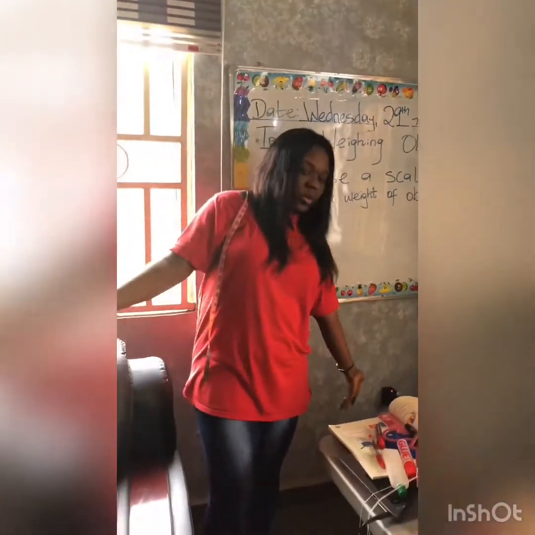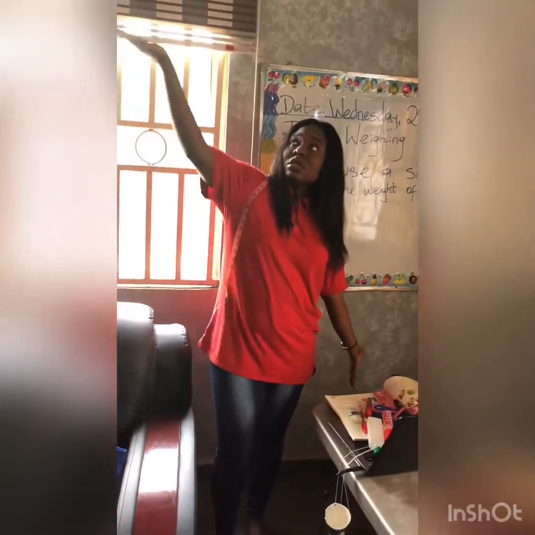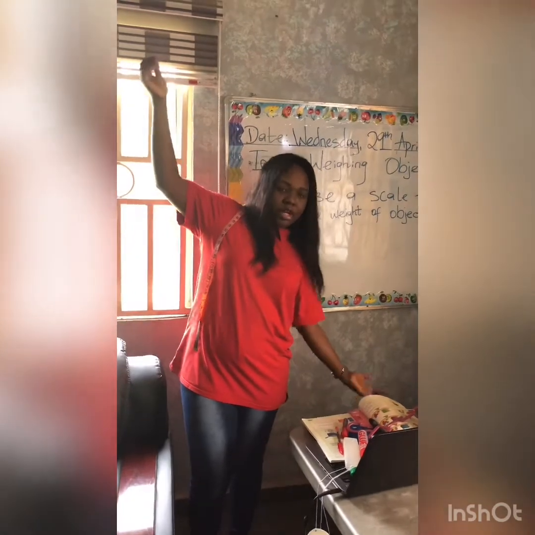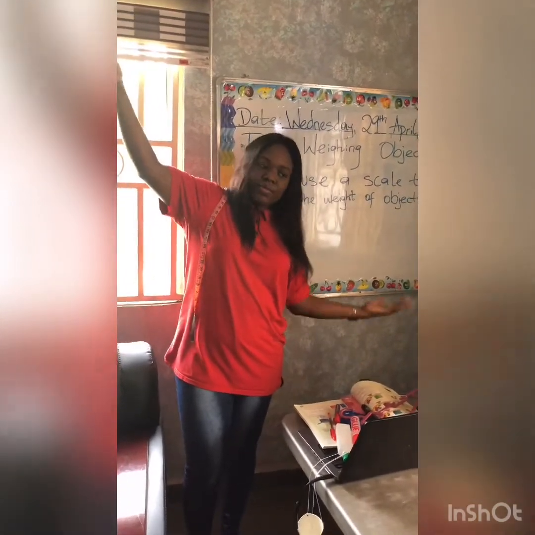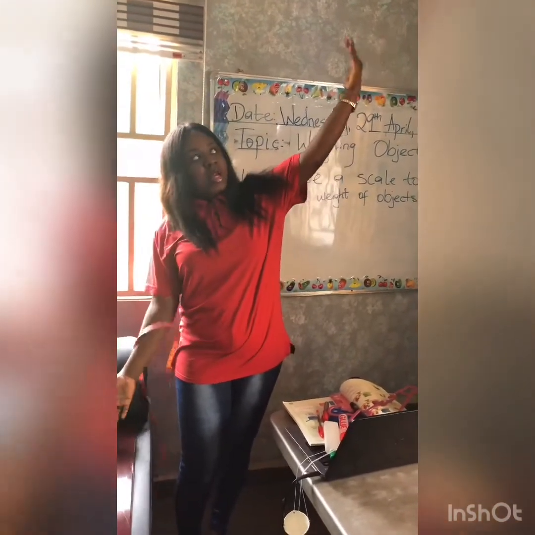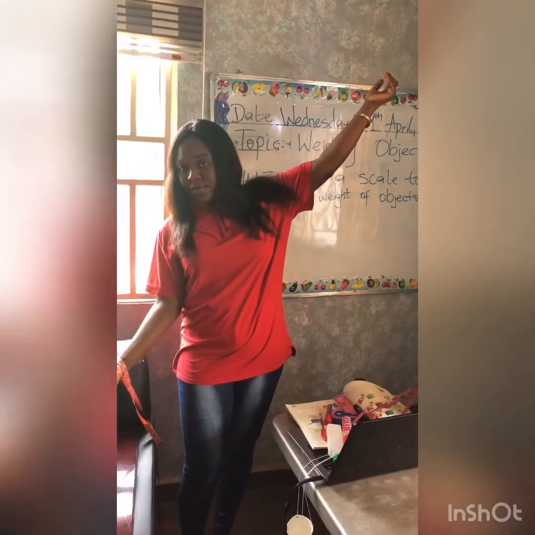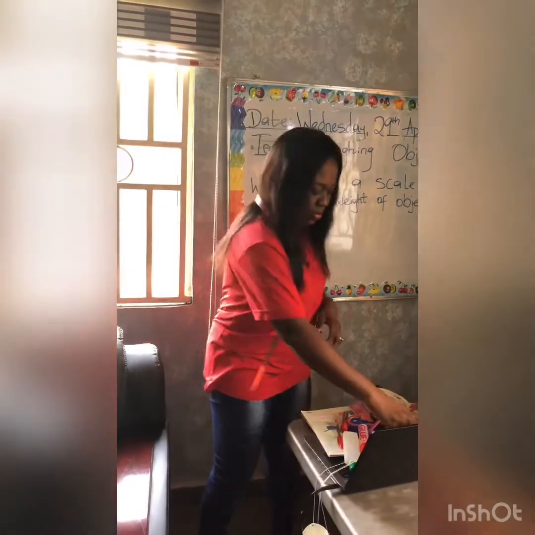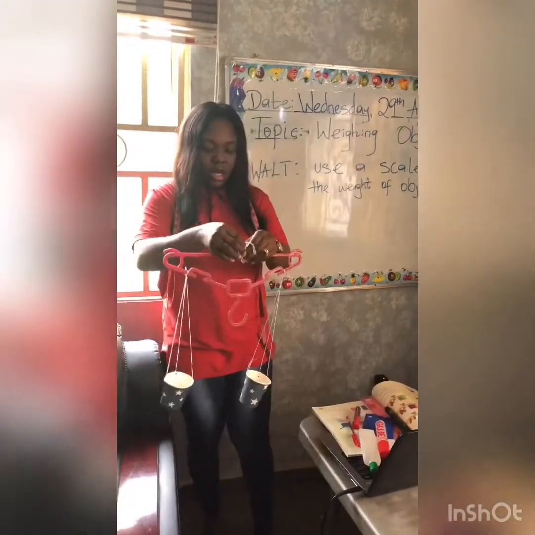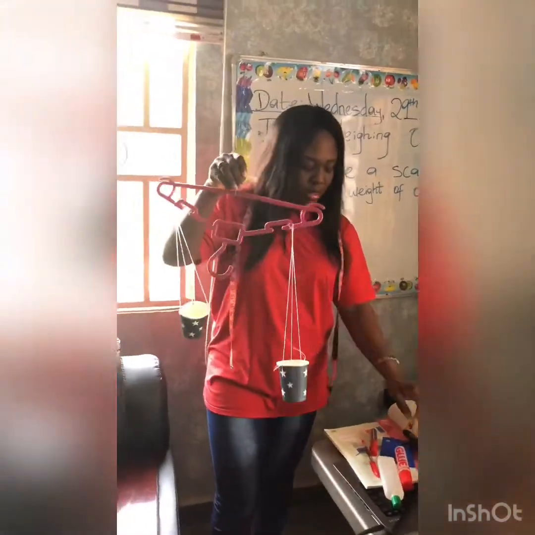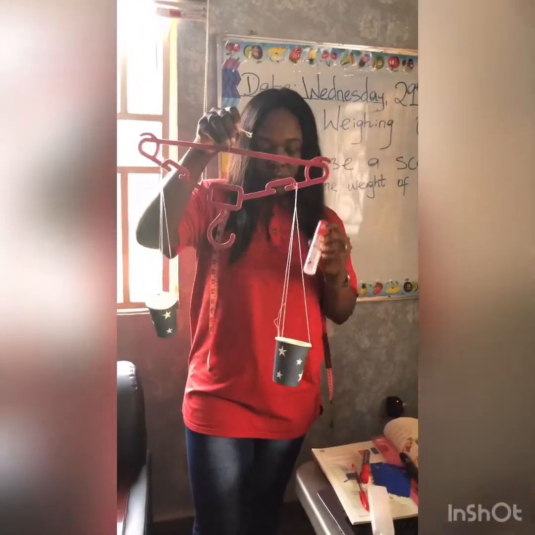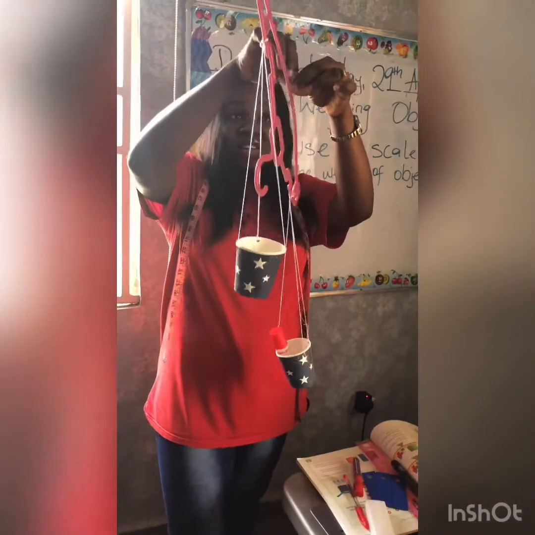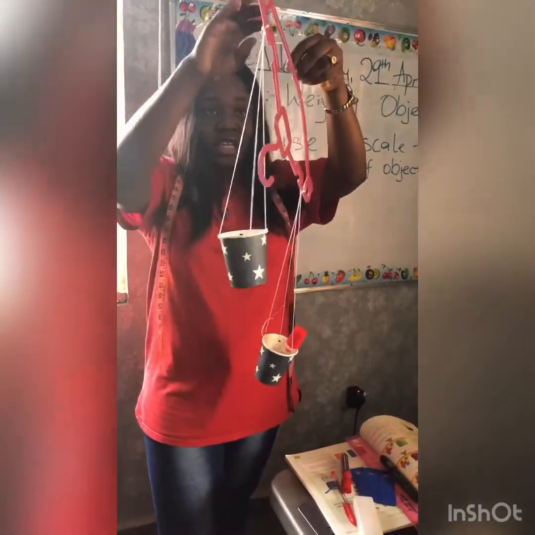Heavier goes down and lighter goes up. Lighter, heavier. Lighter, heavier. Lighter, heavier. Lighter, heavier. So once we have that in mind, let's quickly weigh these two objects. First, I'll put in my glue. You see, it has gone down because there is actually nothing in here.